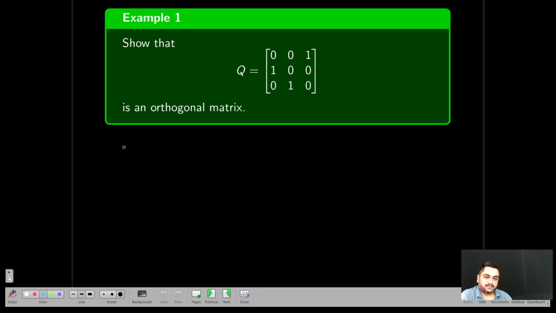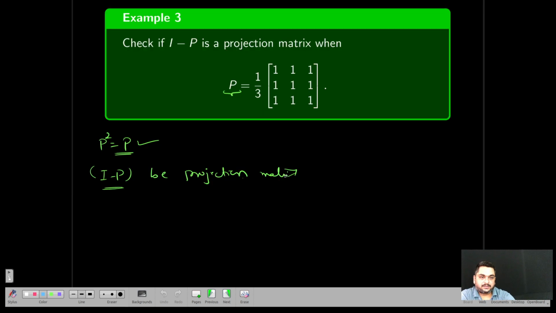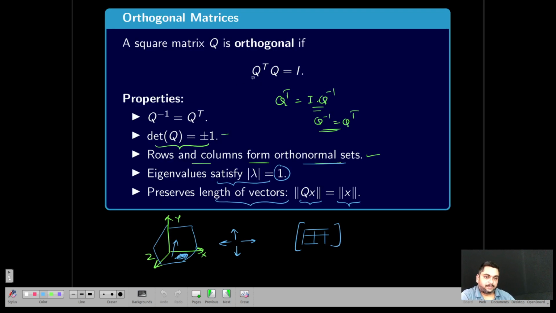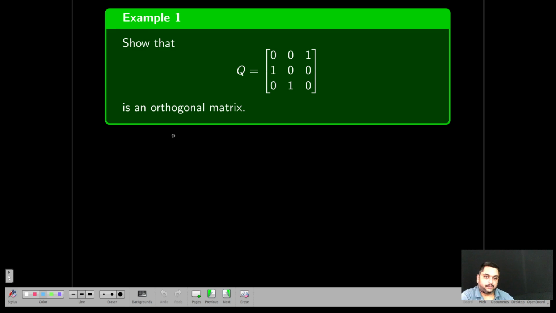For that, what is the condition? The condition is multiplying Q transpose into Q equal to I. See, Q transpose comes first. Qt into Q may not be equal to Q into Qt, that is, commutativity of matrix multiplication may not be true always. So what is Q transpose? Q transpose is changing rows and columns.